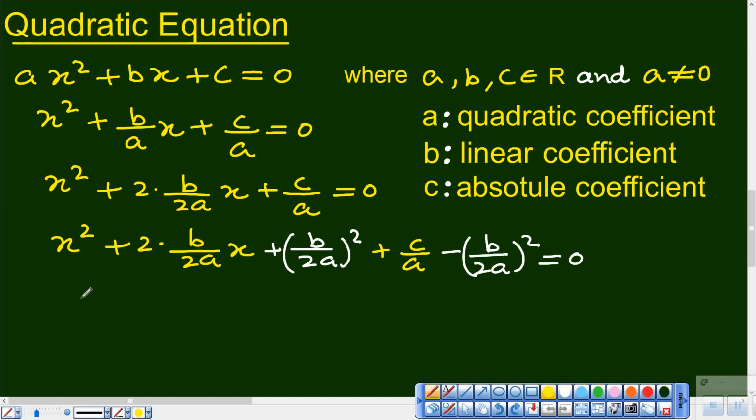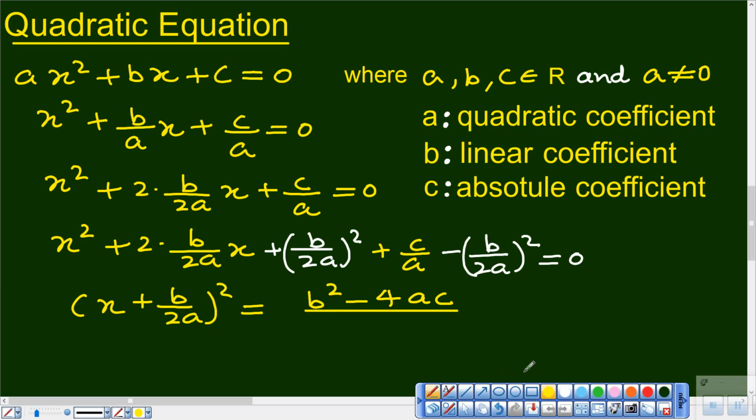Now you can see that it makes a perfect square. It becomes x plus b upon 2a whole square is equal to, I transfer this quantity to the RHS, b square minus 4ac upon 4a square.